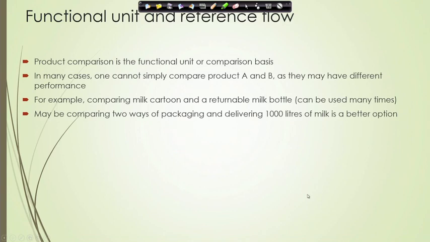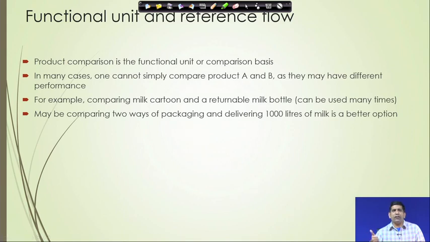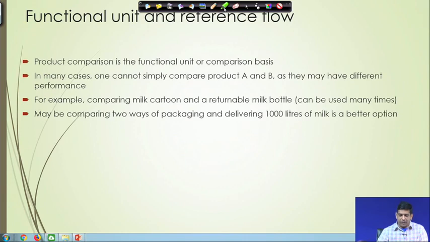In many cases, one cannot simply compare product A and B, as I was trying to explain. For example, comparing a milk carton and a returnable milk bottle. A returnable milk bottle can be used many times, while a milk carton you use only one time. So, how will you compare that? A better way will be packaging and delivering 1000 liters of milk. For both cases you are packaging and delivering milk, isn't it?